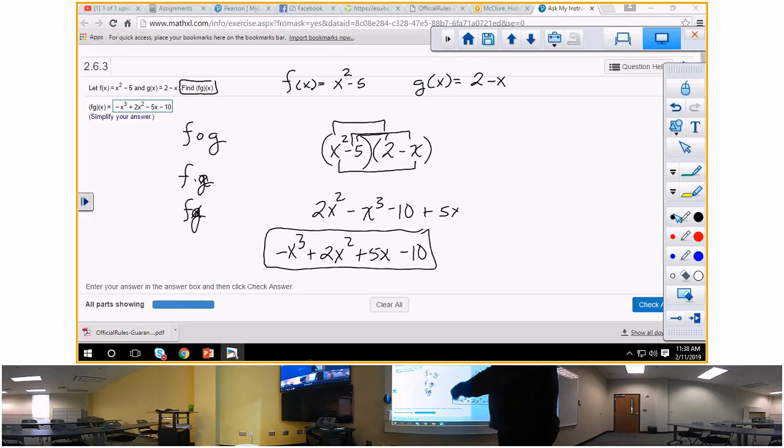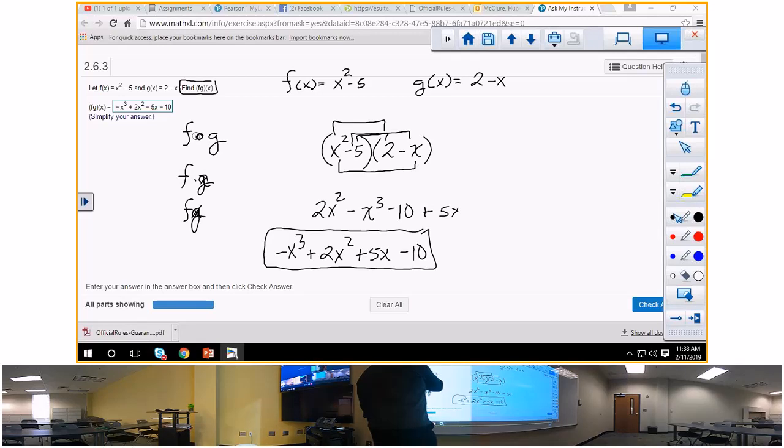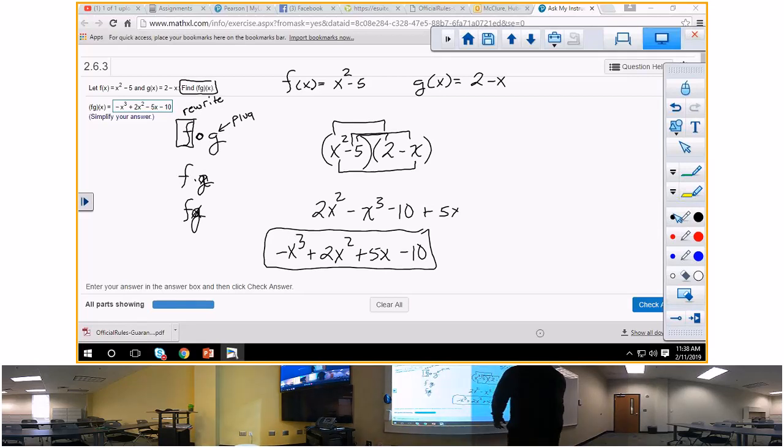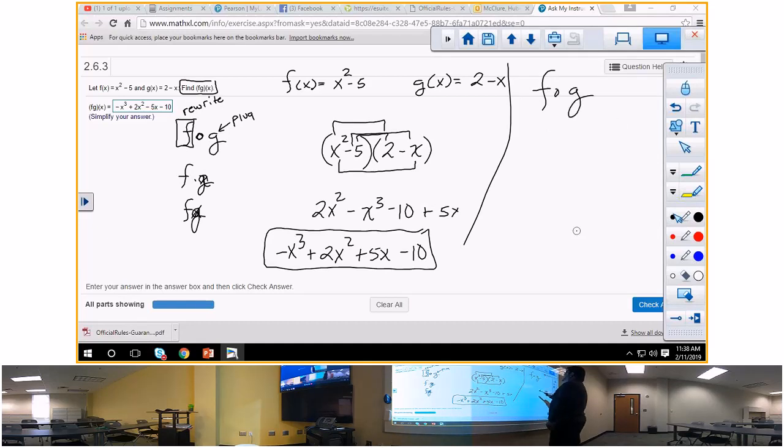Now, if it was f composed, anytime you've got an open circle right here, that means you're going to rewrite with big parentheses, and you're going to plug in that. So if I was doing f composed of g, I would rewrite f, big set of parentheses, squared, minus 5, and plug in g, 2 minus x, and then do the algebra.